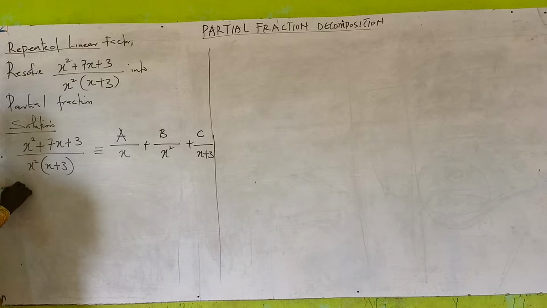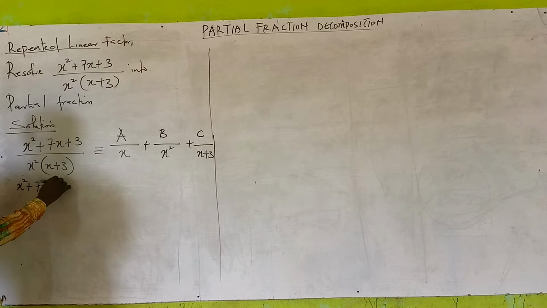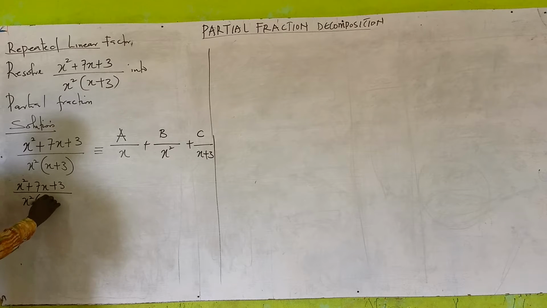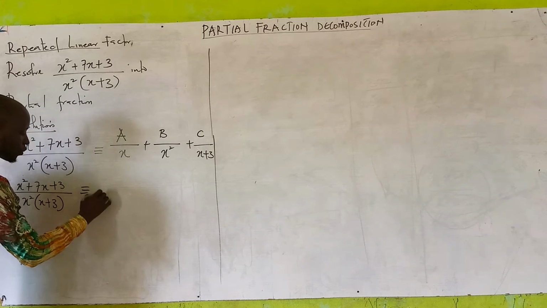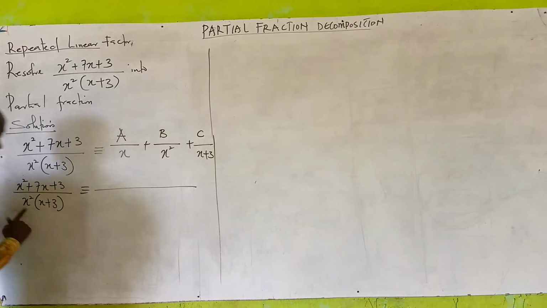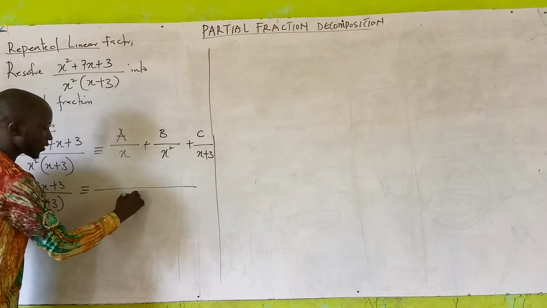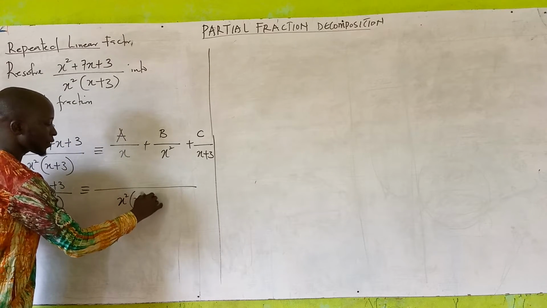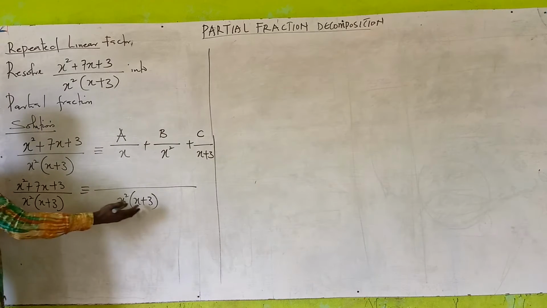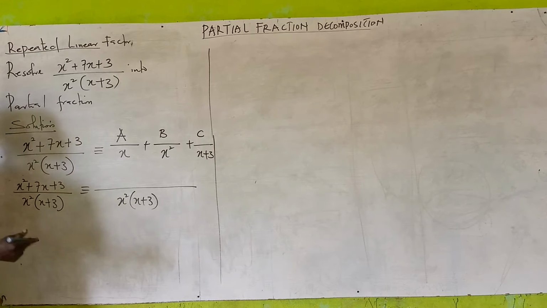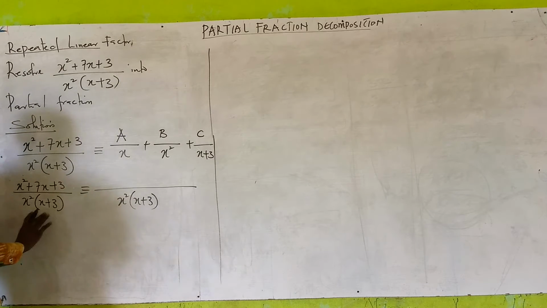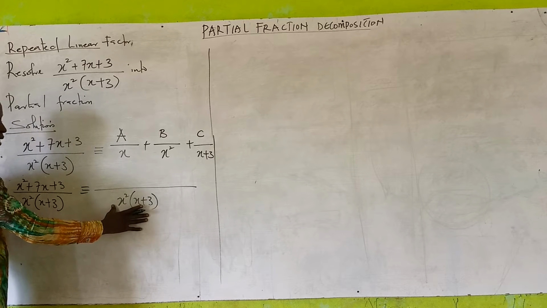Now, x squared plus 7x plus 3 over x squared into bracket (x plus 3) equals, and that is our LCM, x squared into bracket (x plus 3). There is no need for me to write this, but for better understanding, that is what I'm going to write as our LCM.